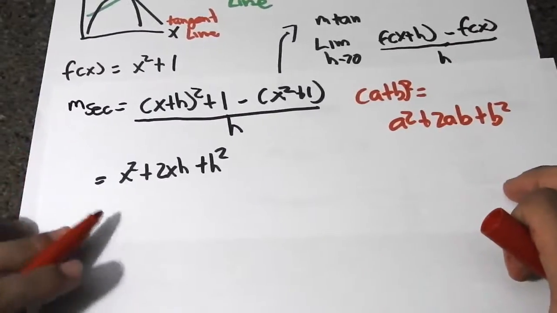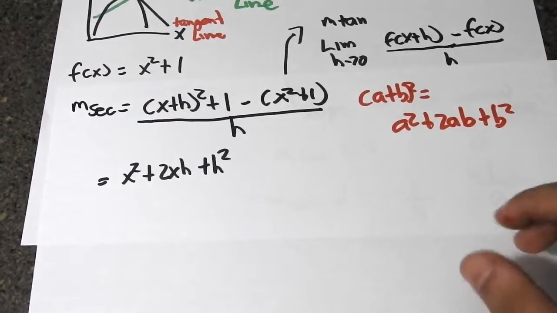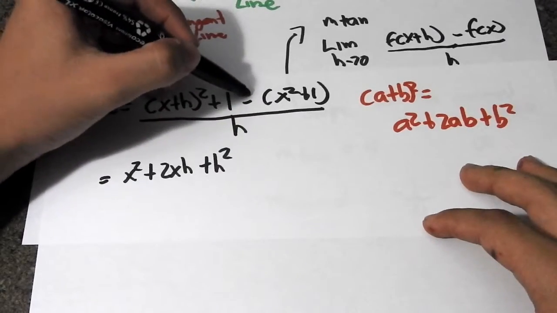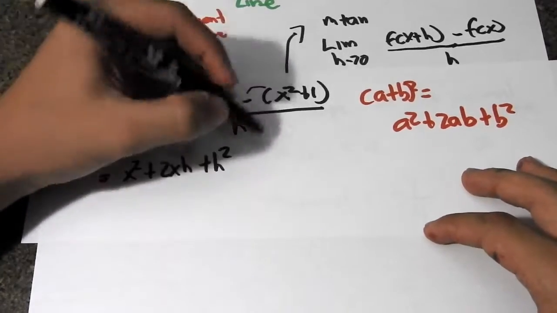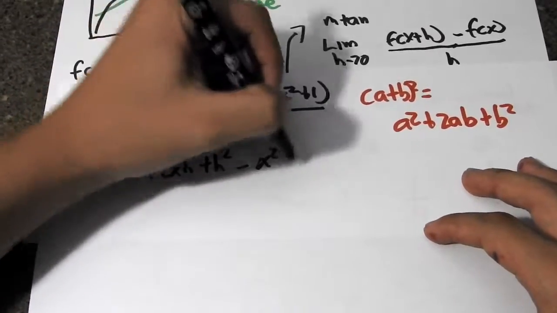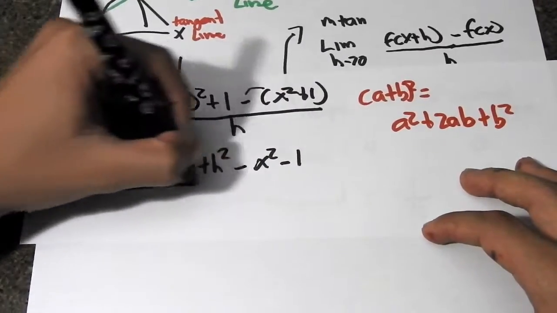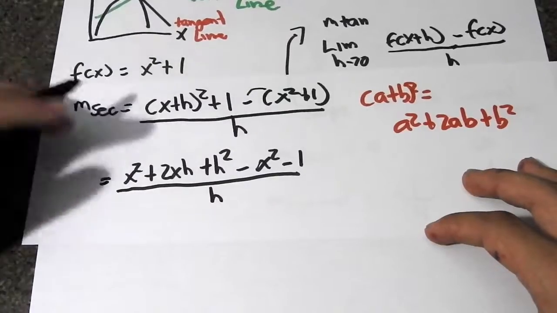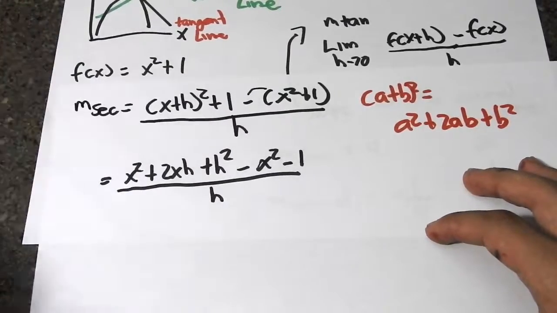This is the same thing I did over here. So continuing, this negative is going to distribute over the x squared plus 1. So we're going to have minus x squared minus 1, all over h. Now we're going to combine like terms.